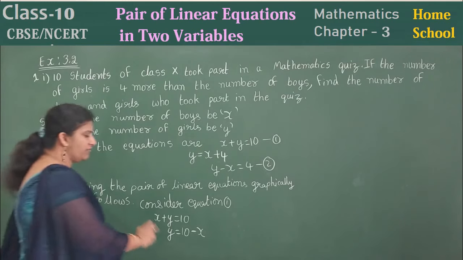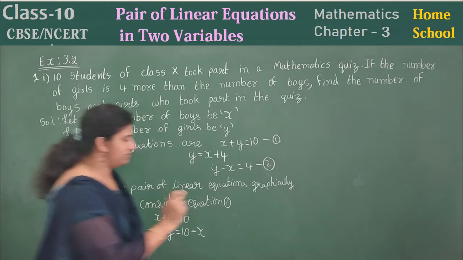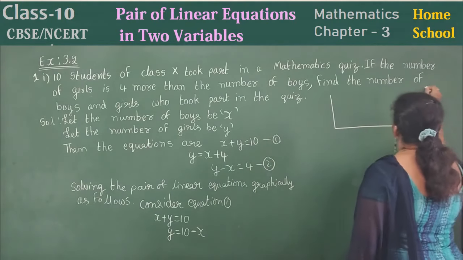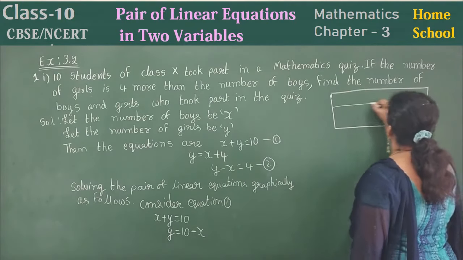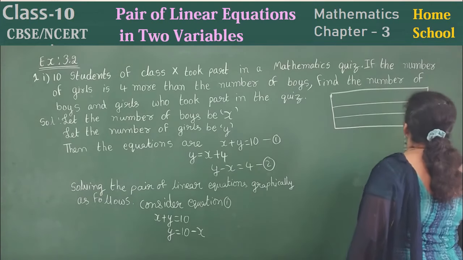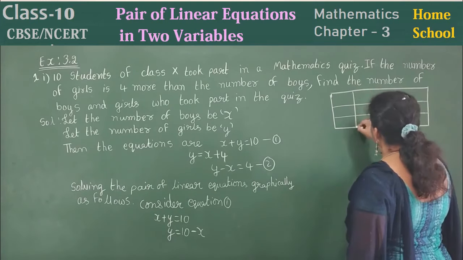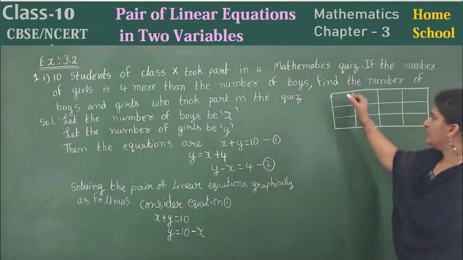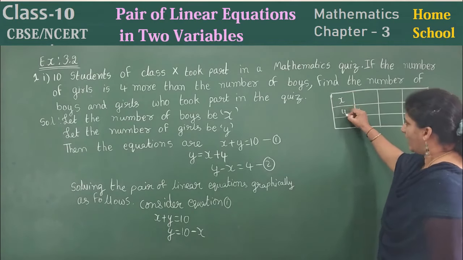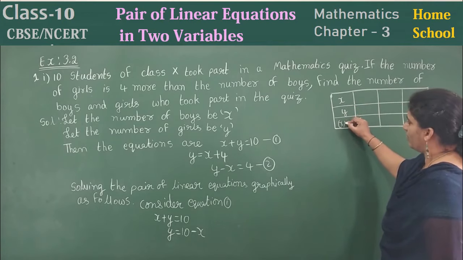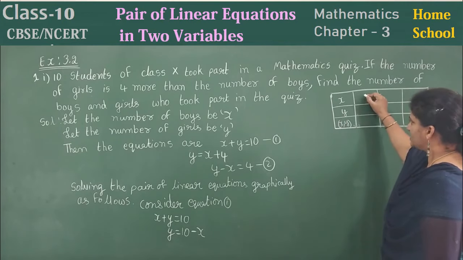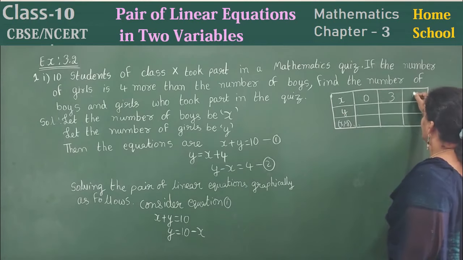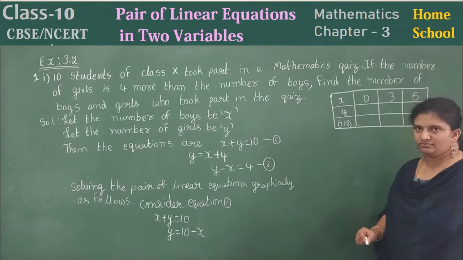Okay. Now we are going to frame a table for this. Let's draw a table here: 3 rows and I take here 4 columns. x, y, (x, y), and any 3 numbers you take. 0, 3, 5 I will take.